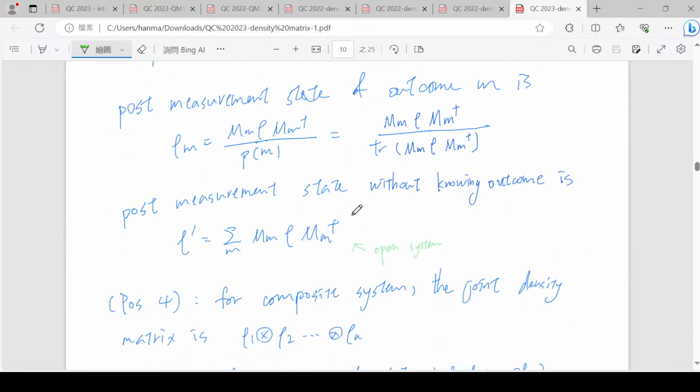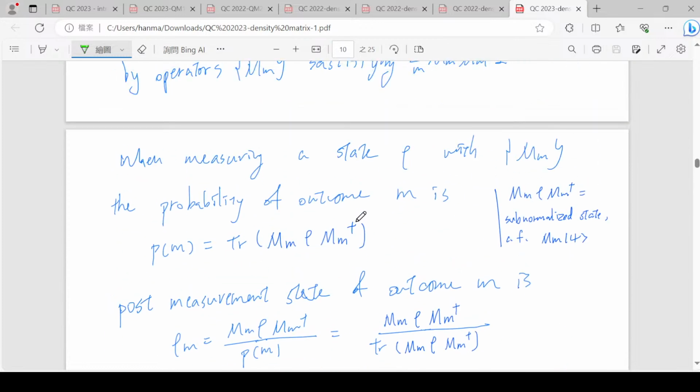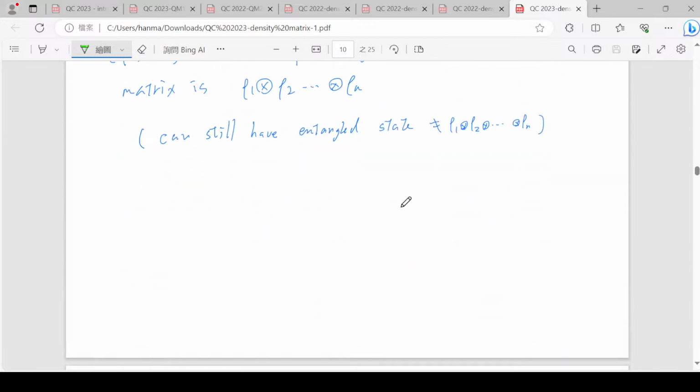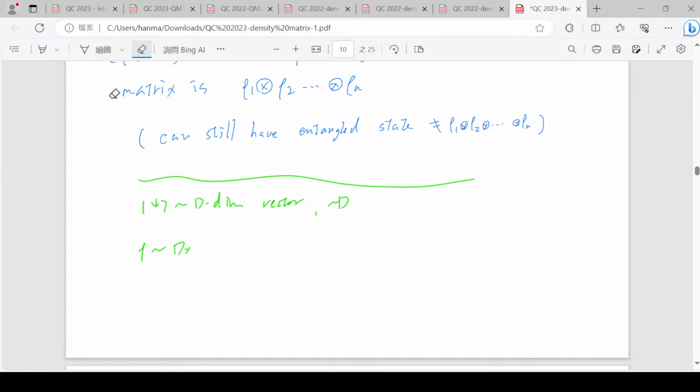because rho is an object that needs more writing to describe. Psi is a d-dimensional vector, so it's about d numbers to describe psi, but rho is a d times d-dimensional matrix.